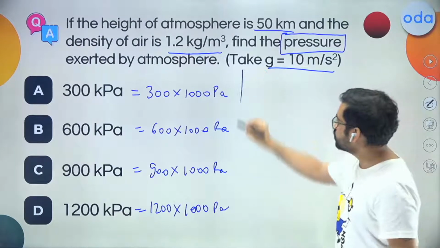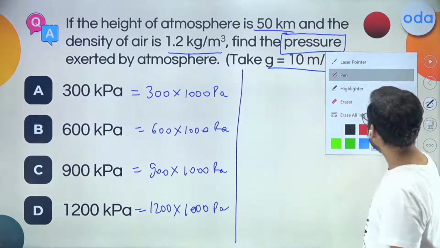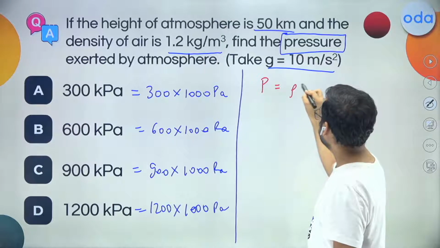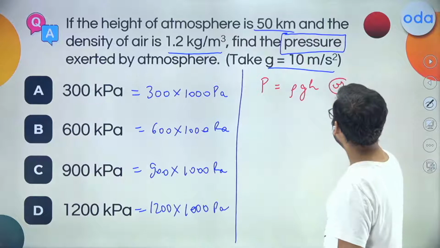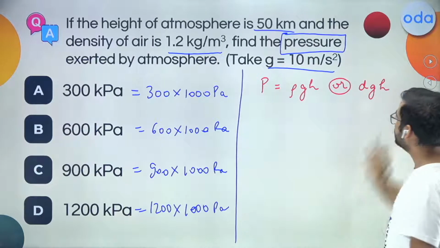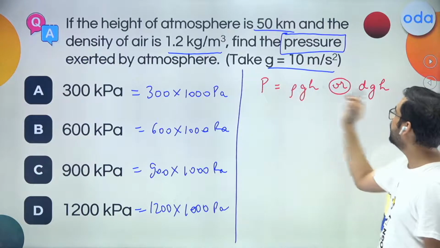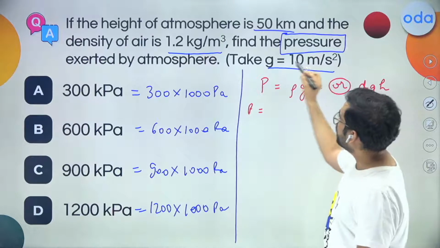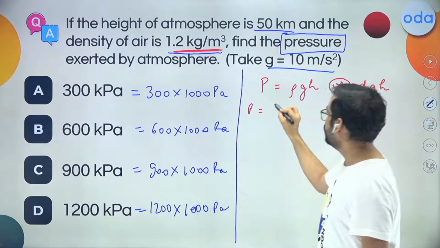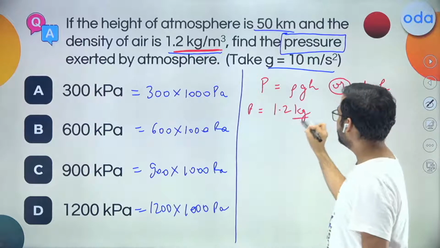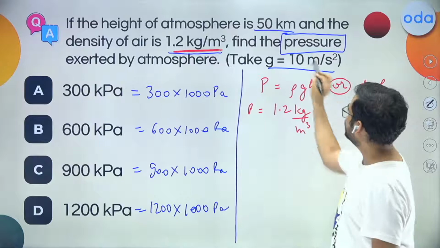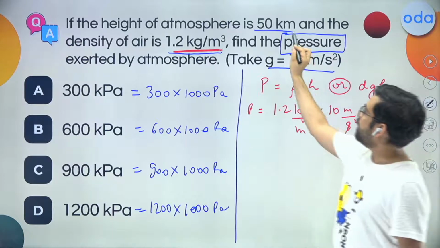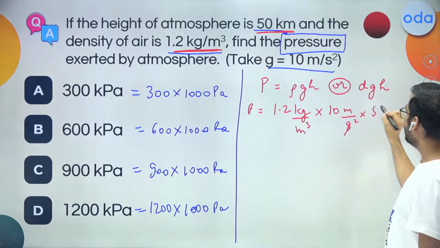So how will you go ahead in this question? Let us try to do so. We know that there is just one formula that we have understood, that pressure equals rho into g into h, or we can call it d into g into h, where d is the density, g is given as 10, h is also given. So what will I do? If I want to get this pressure, I will write down the density is 1.2 kg per meter cube multiplied by g, that is 10 meter per second square, and h, that is given as 50 kilometers.